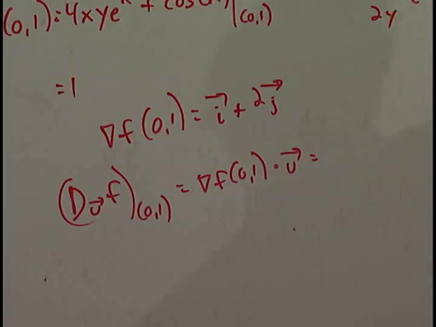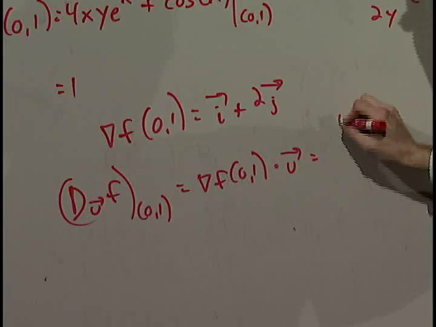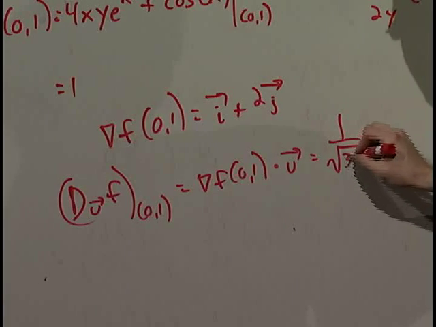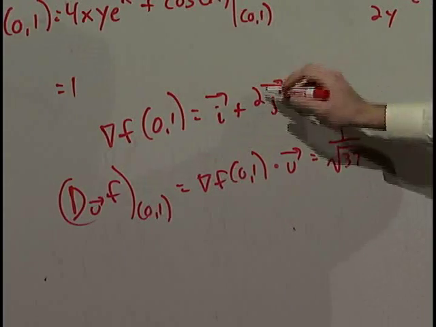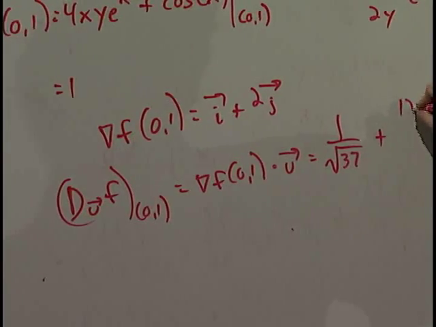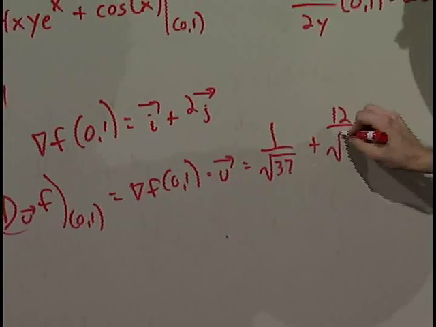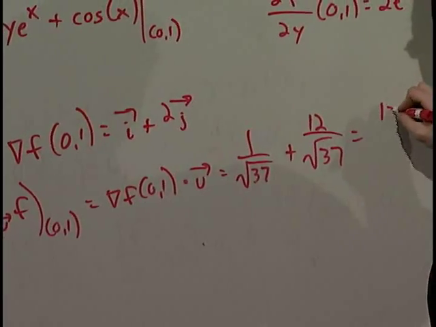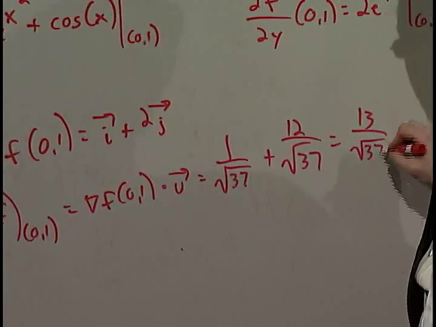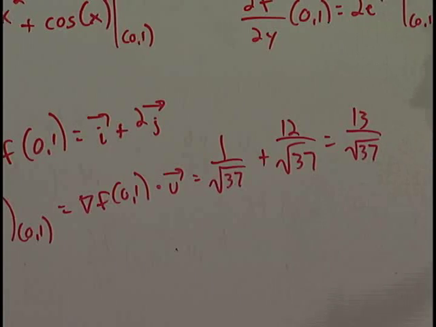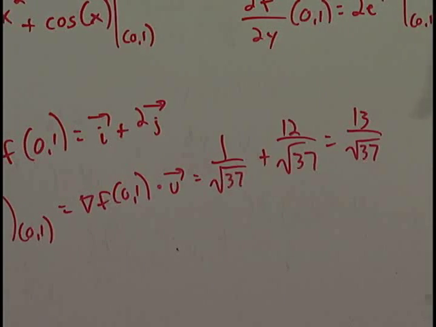So 1 dot 1 over root 37 is 1 over root 37, and 2 times 6 over root 37 is 12 over root 37. So you get 13 over root 37. There is your directional derivative in that direction at this point.